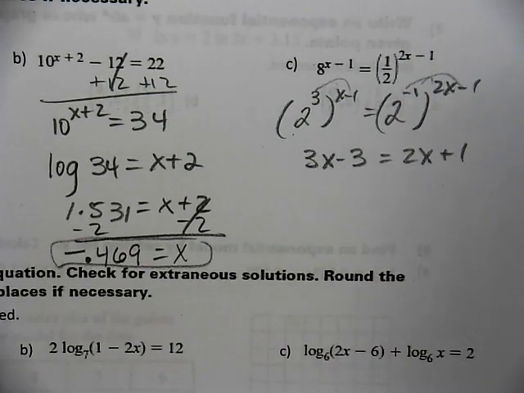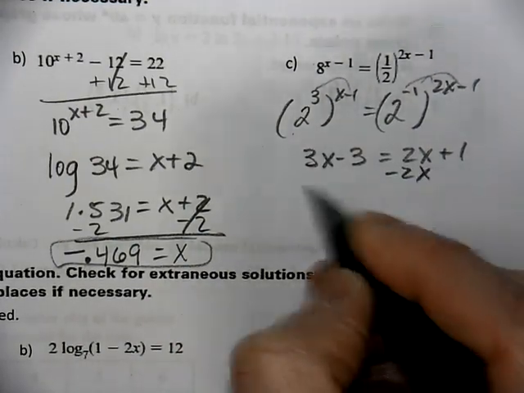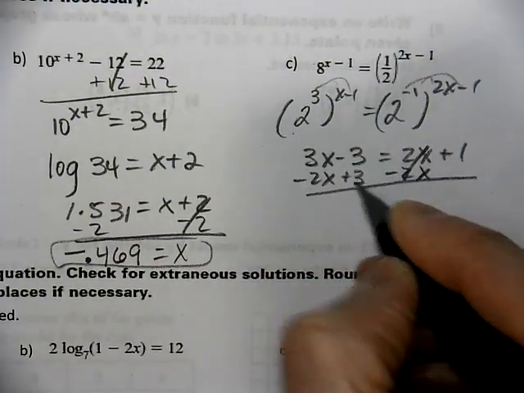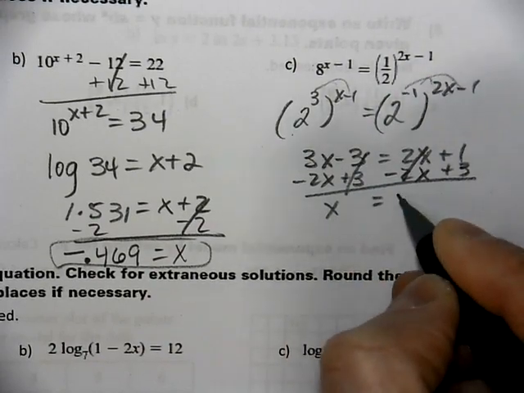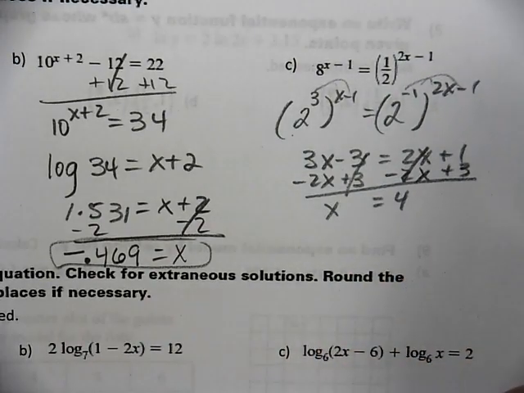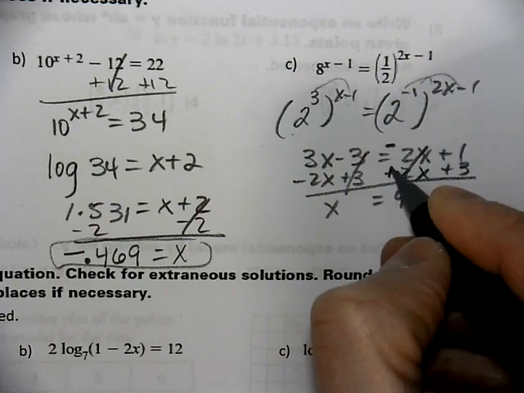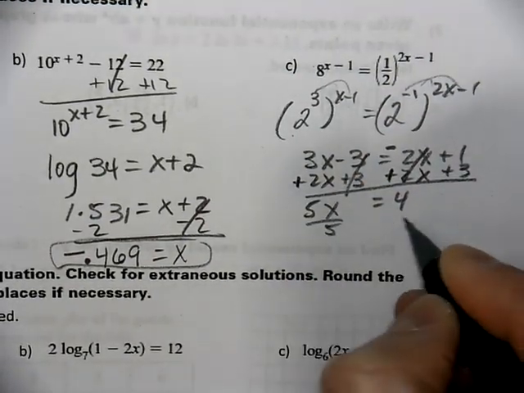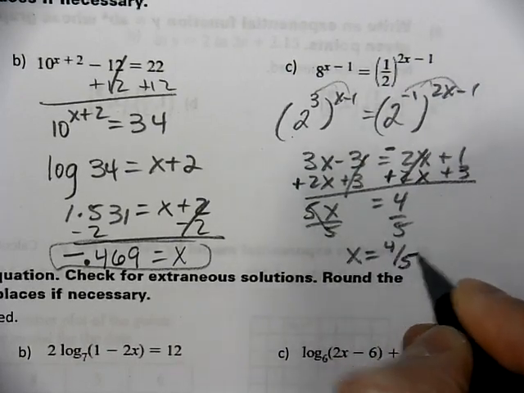Negative 1 times negative 1 is positive 1. This would be a negative 2x, so I'm actually going to add the 2x to get 5x here. So x is actually 4/5.